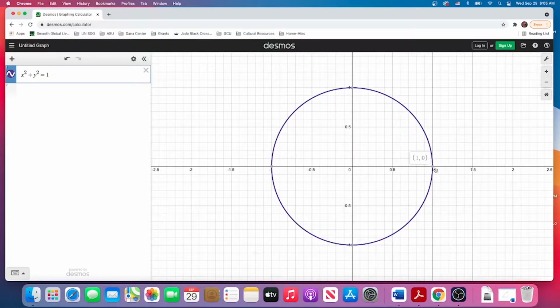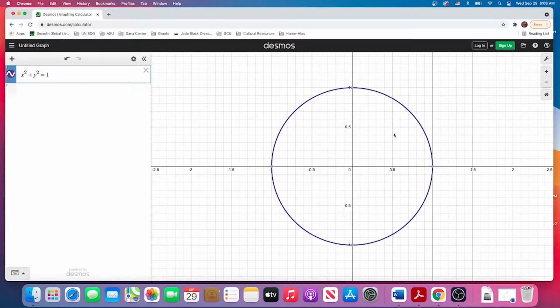There, that's pretty good. And you notice we can go along this unit circle, and one of the definitions for trigonometry is that the x-coordinate of a point on the unit circle is the cosine of the angle, and the y-coordinate is the sine of that angle.